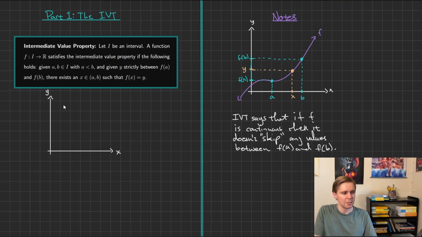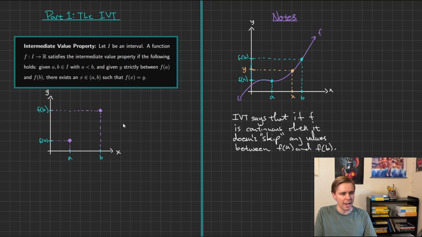So what this is saying is that for any a and b like this that you pick, let's say f of a is here, and let's say that f of b is here. In that case, this point is on the function, because when you input a, you get f of a. And this point is on the function.